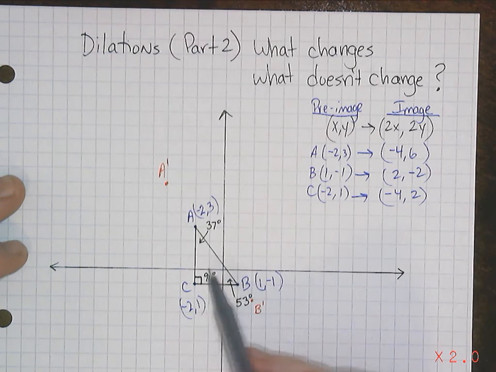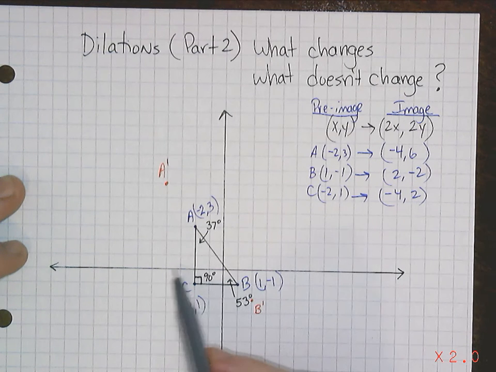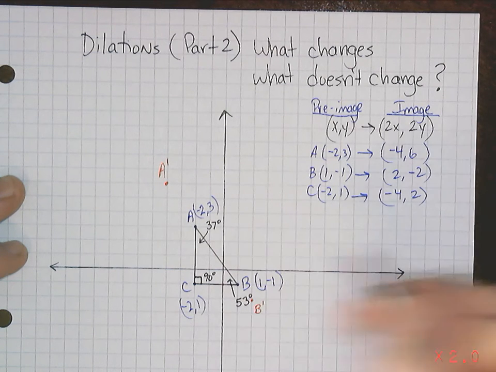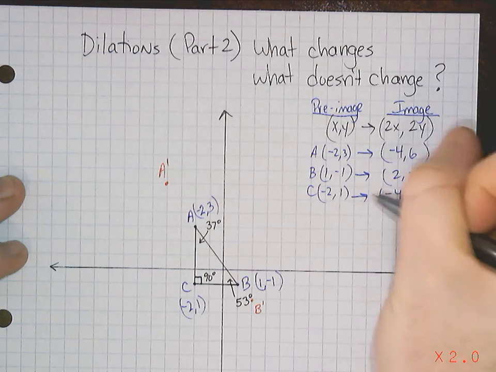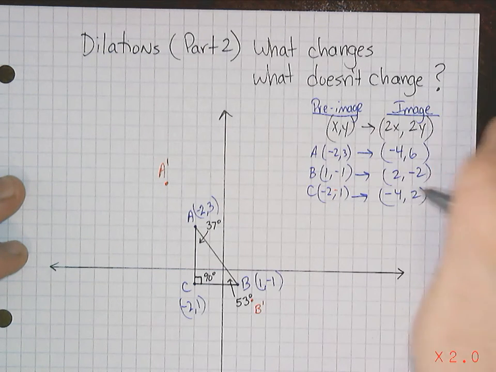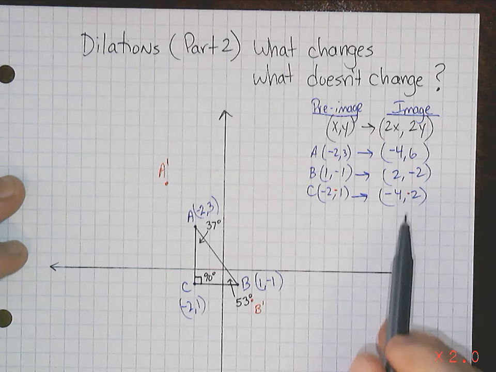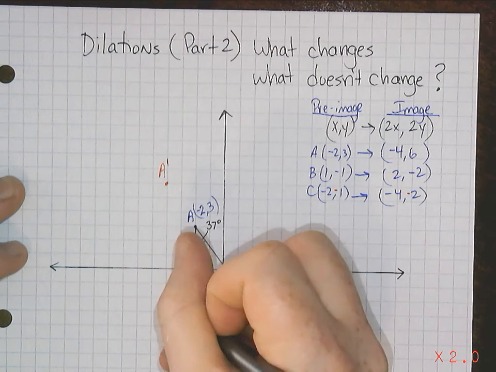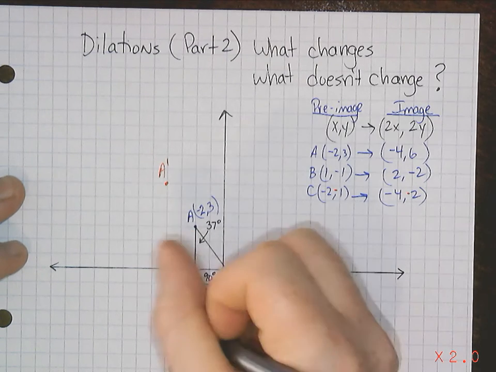C is going to end up at -4, 1, 2, 3, 4, -4, -2. Oh, I didn't do that, did I? See, -2, -1. Oops. It should have gone down. I messed up on that sign. Anyways, -4, -2. It goes right here. So that's C prime.